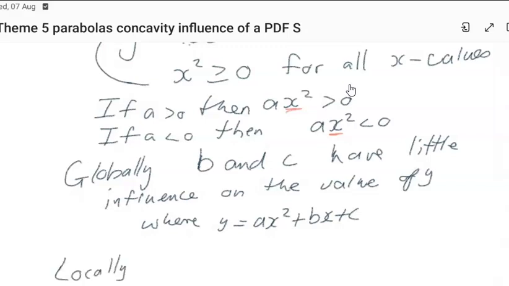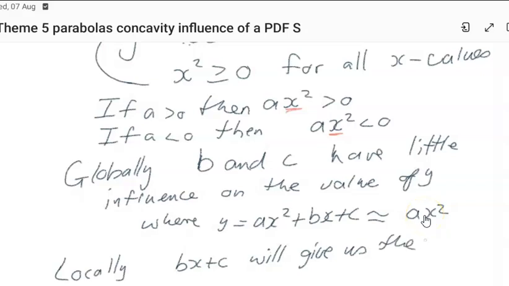If we look from very far off, that's why we say globally, then that is approximately ax squared. But locally, the bx plus c will give us the interesting detail of such a parabola.